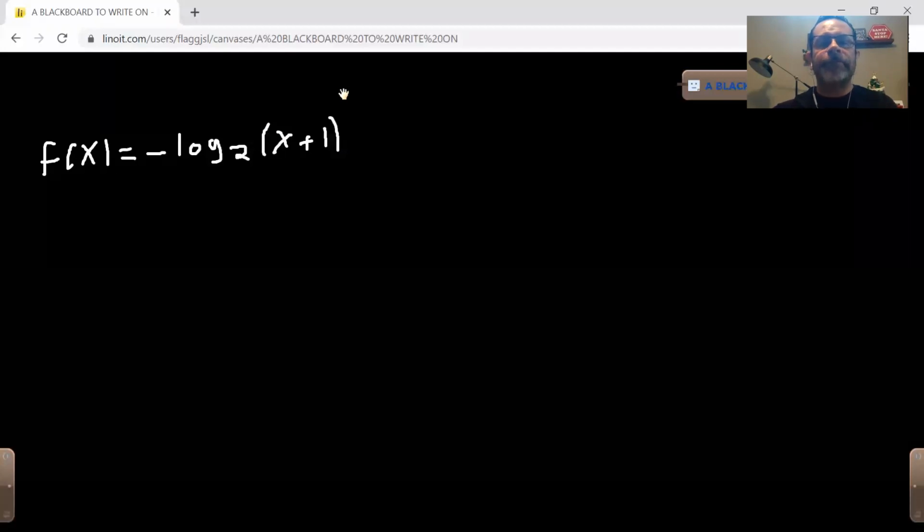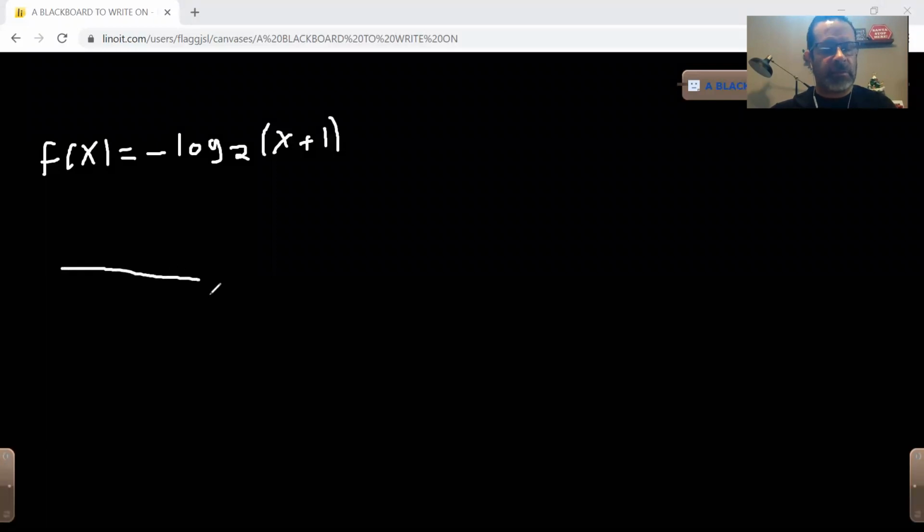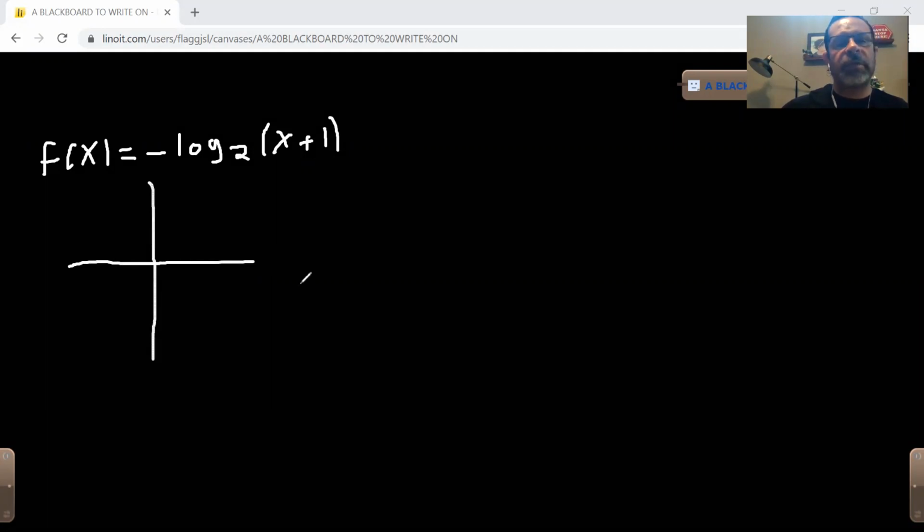Okay, so let's take that and graph it as a base function, similar to what we've done previously. So the base function is going to look something like this. And remember, we always draw that one in blue. That's the base function, and it's going to cross in 1.